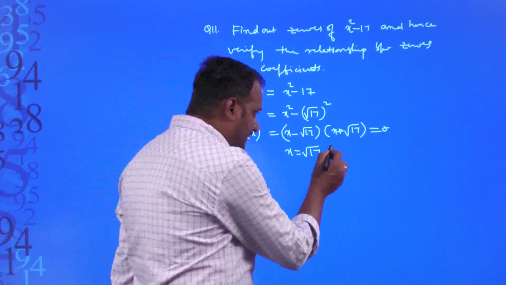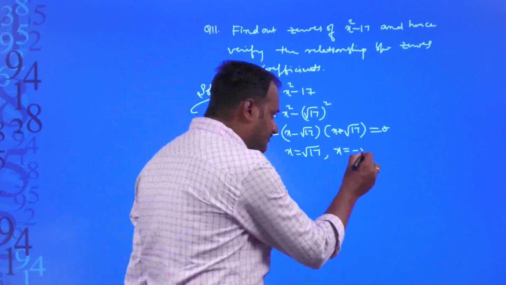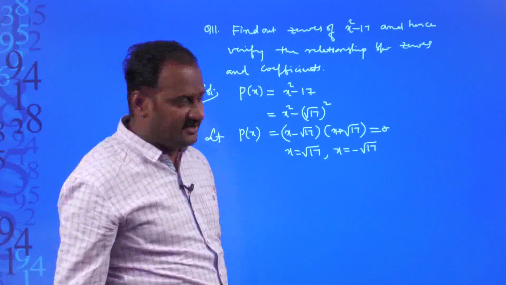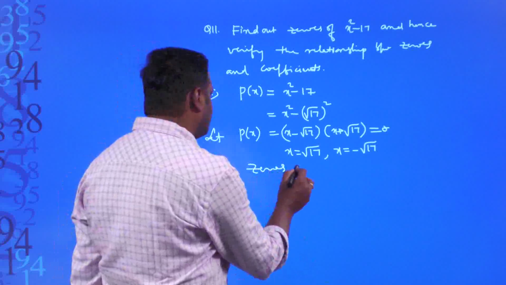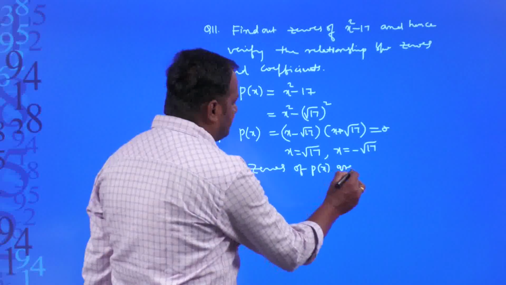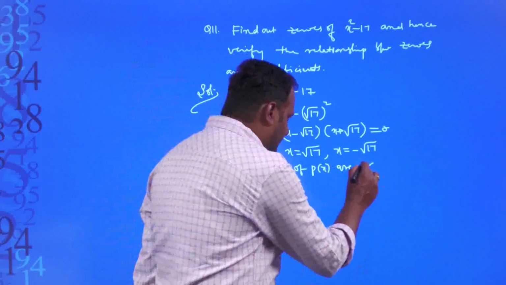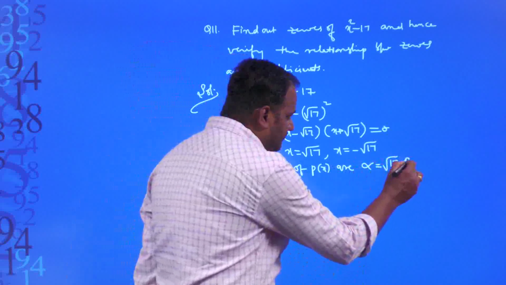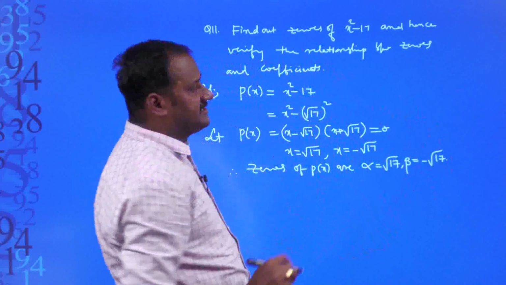And similarly, x plus root 17 is equal to 0, then x is equal to negative root 17. So, I got what are zeros of the polynomial. Therefore, zeros of p of x are, generally we indicate zeros of the polynomial by alpha and beta, right. So, alpha is equal to square root 17 and beta is equal to minus square root 17. So, my first task is done.